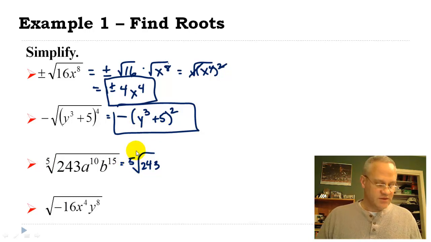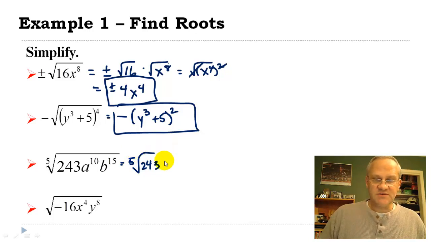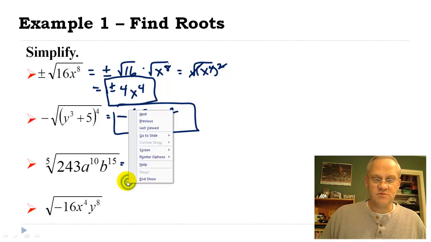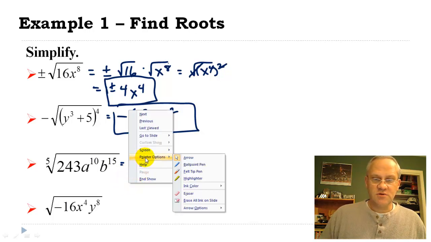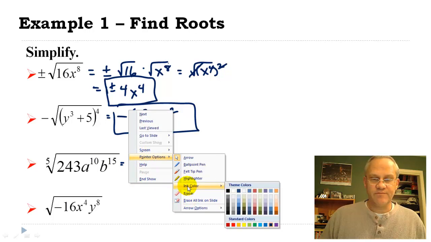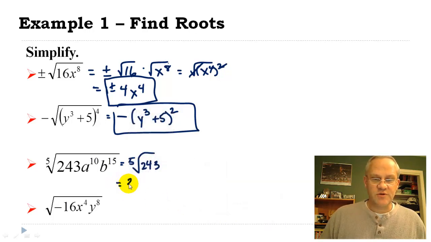Enter, and then type in your 243. And in this case, this works out to be 3. So the 5th root of 243 works out to be 3.